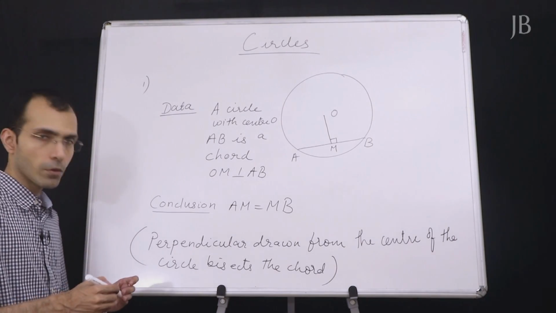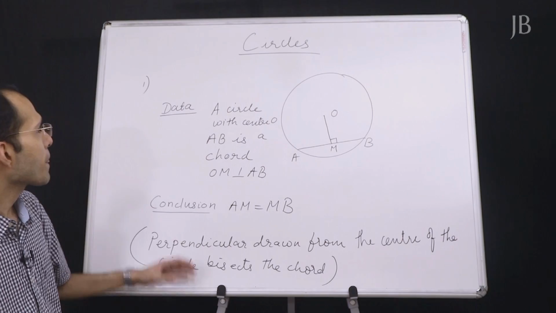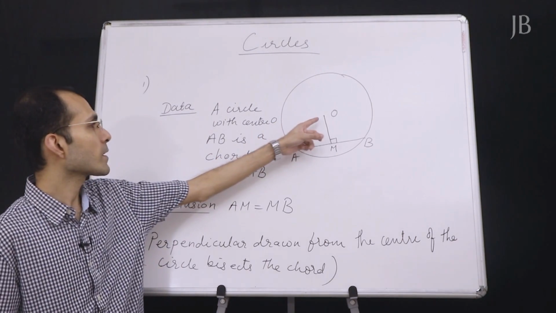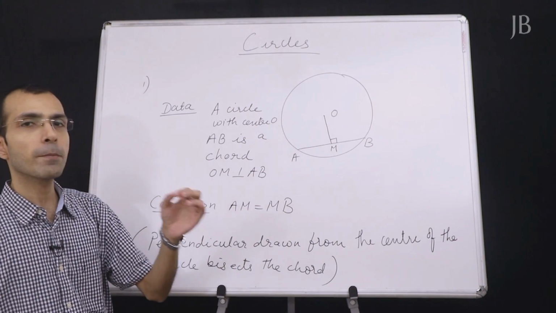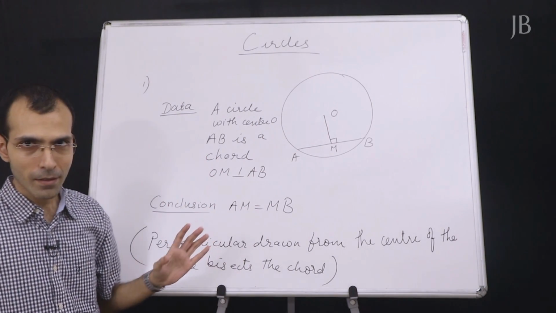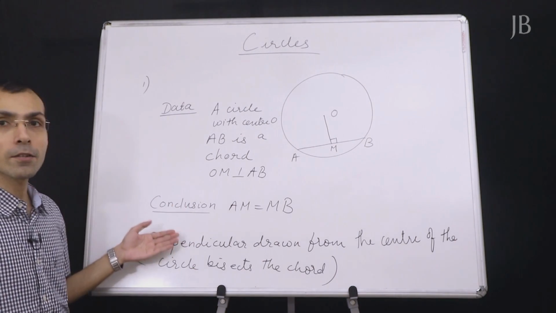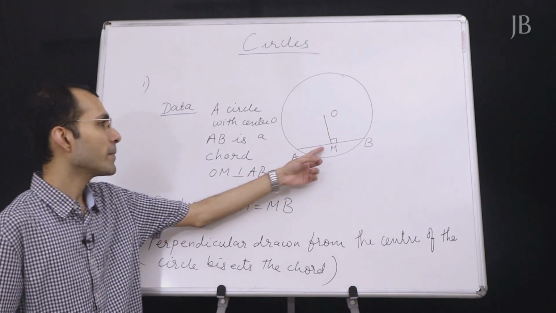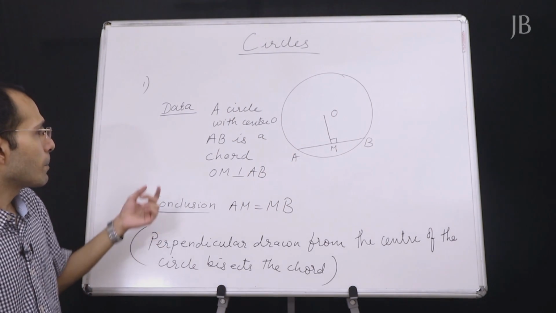You can even pause the video and take this down as your notes. So what's our data? Circle with center O, AB is a chord and OM is perpendicular to AB. This is what is known to us, initial setup. What is our conclusion? AM is equaling MB.